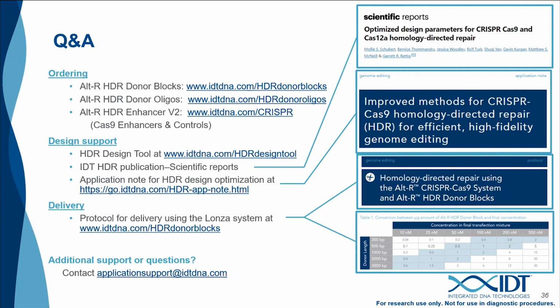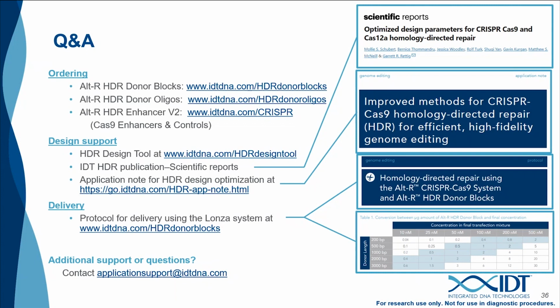Okay, so the first question here: have the HDR donor blocks been tested in mouse embryo injection? And I guess we have some other questions too about what other systems they've been used in. That's a great question. Through alpha and beta testing, our HDR blocks have successfully been used for HDR in mouse embryos, zebrafish, C. elegans, a variety of immortalized cell lines, iPSCs, and primary T cells.